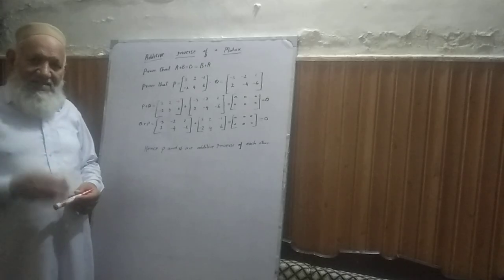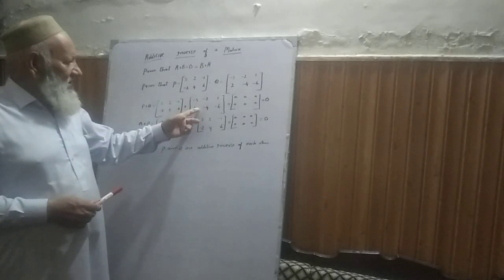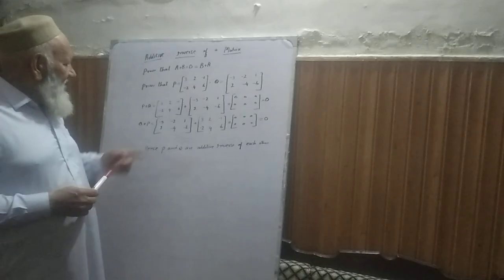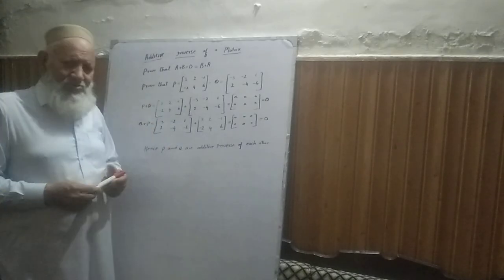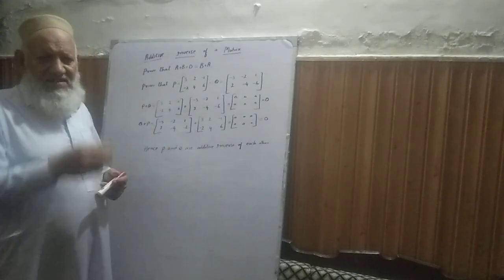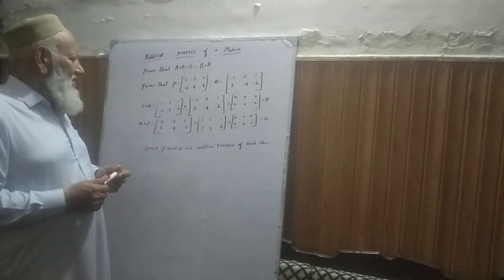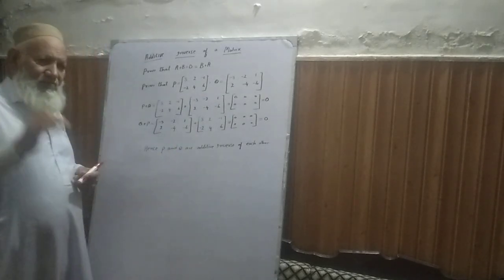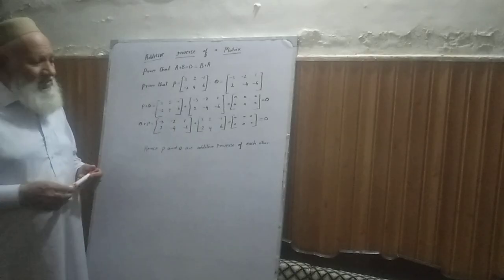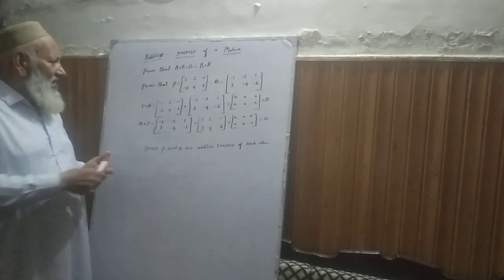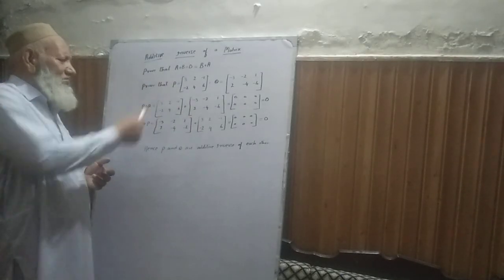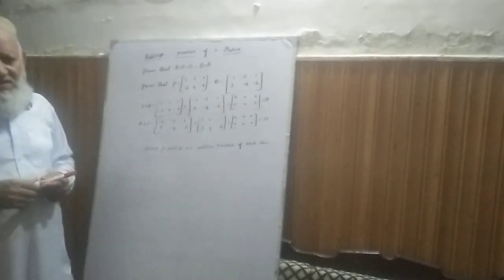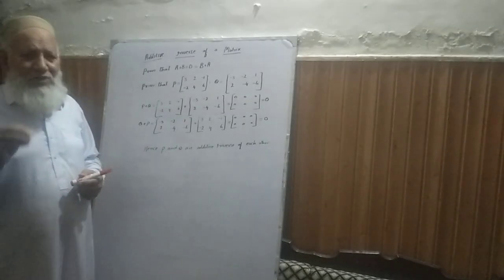If it is plus, in the second matrix it will be minus, and if it is minus, on the other side it will be plus. So now you are clear, and we have proved the additive inverse of a matrix, and with the help of this example, inshallah, you will also solve the other questions.